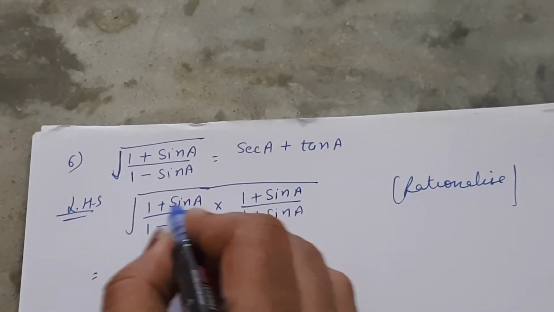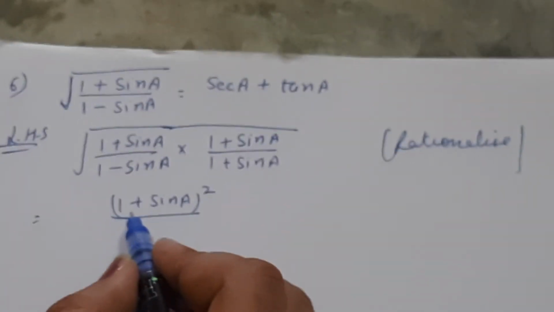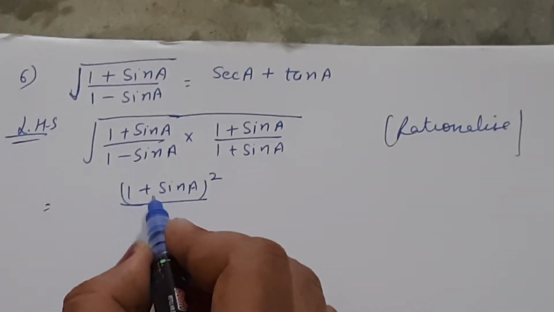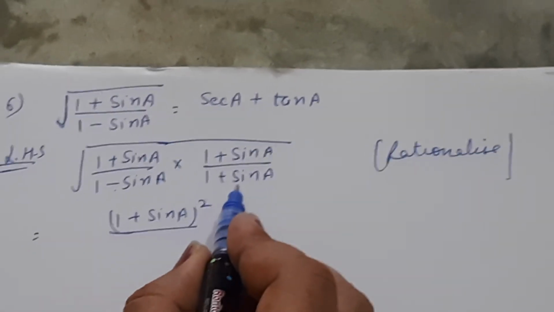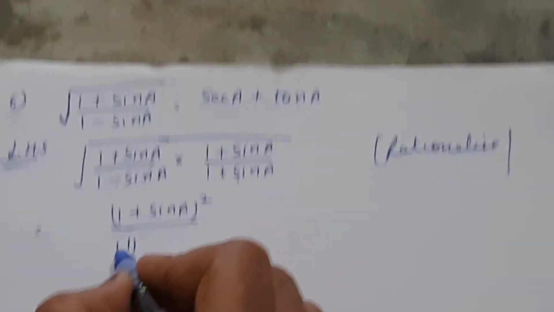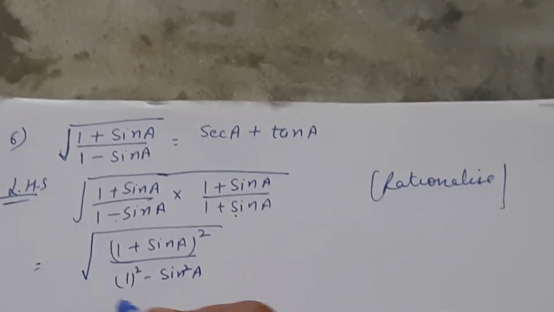So 1 plus sin a whole square over 1 minus sin square a. Here you can see one time it is positive and one time negative, so we can use the a square minus b square identity here.